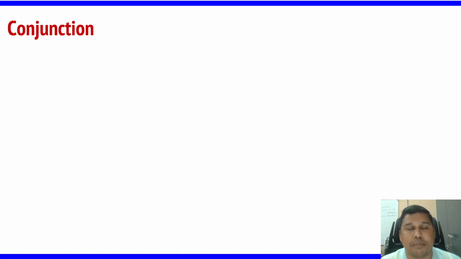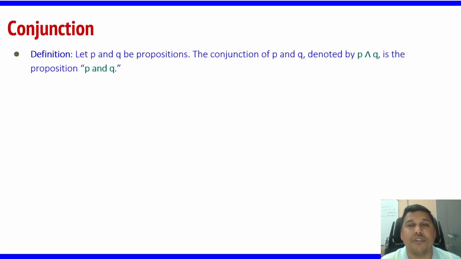Next, the conjunction statement. In digital electronics, you know about the AND operator. AND gate or AND operator you might have heard about, right? So our conjunction is about the AND operator. We represent it using a reverse V. So what is the definition? If P and Q are two propositions, then the conjunction of P and Q, denoted by P and Q, is the proposition.